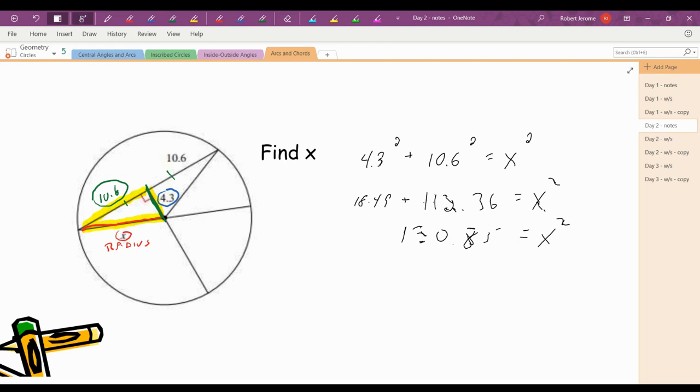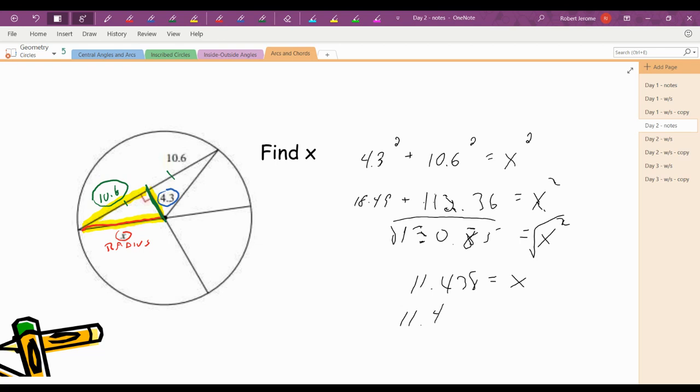So we're going to do that. We're going to take the square root of both sides, and we're going to get x equals 11.438. And depending on directions and rounding, we might just go with 11.4.